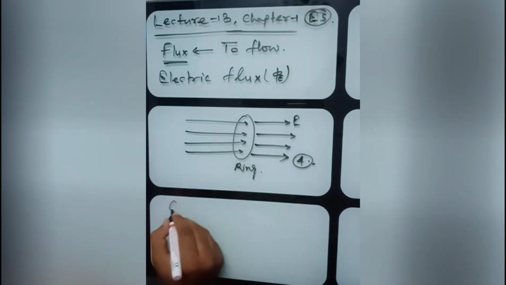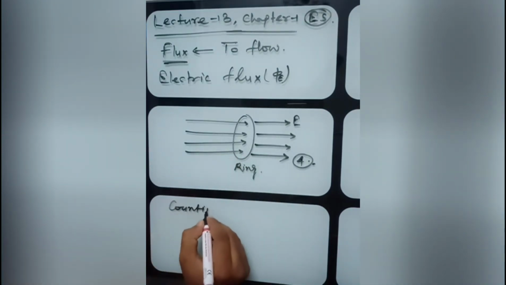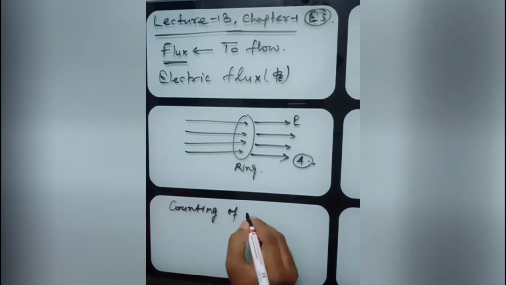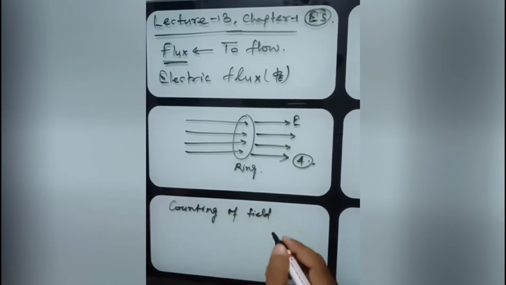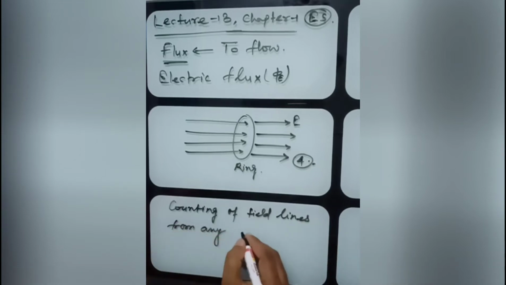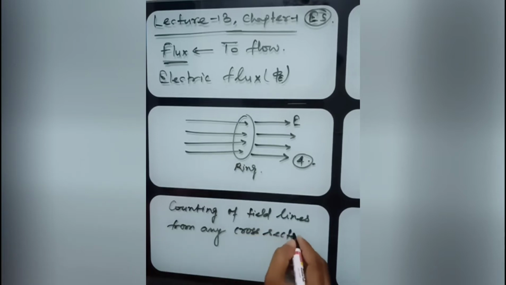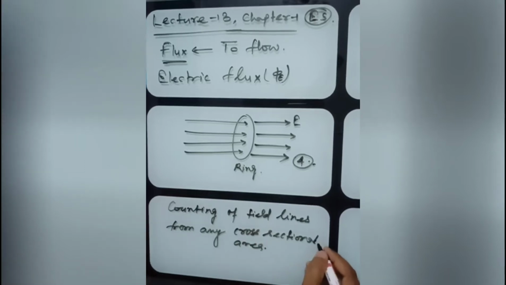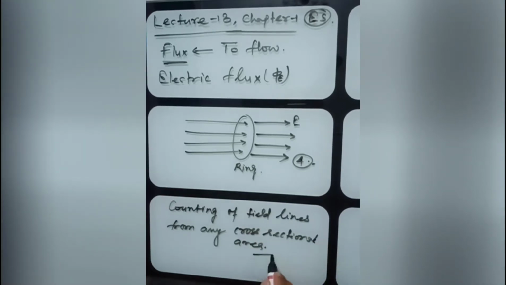It is the counting of field lines from any cross-sectional area. It is the counting, nothing else.